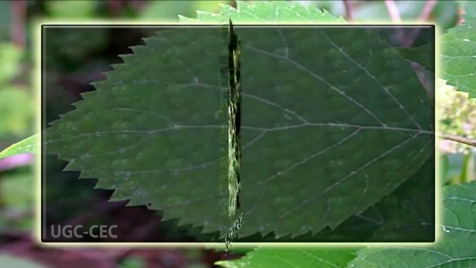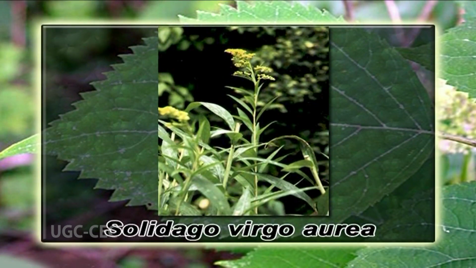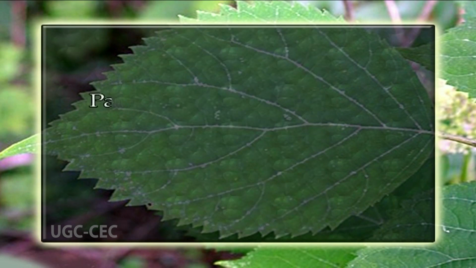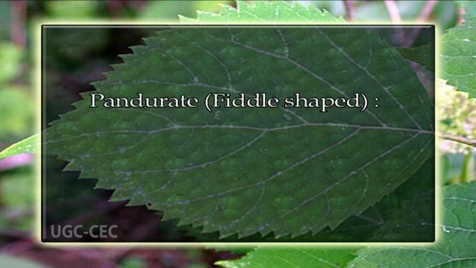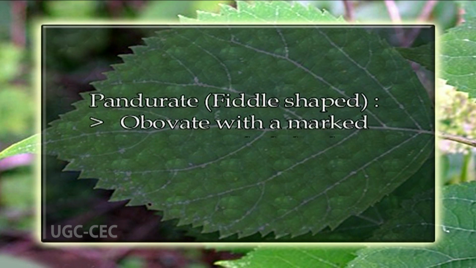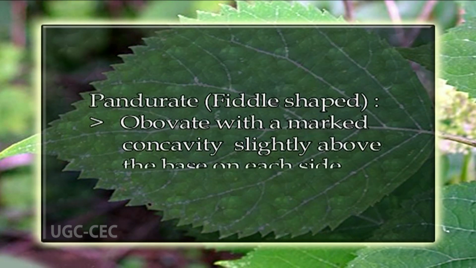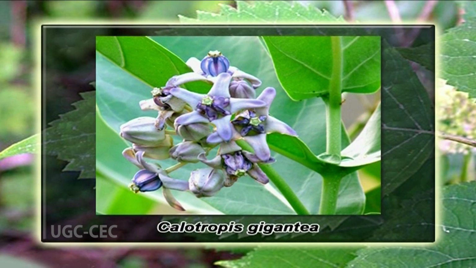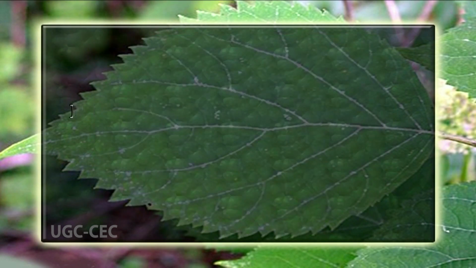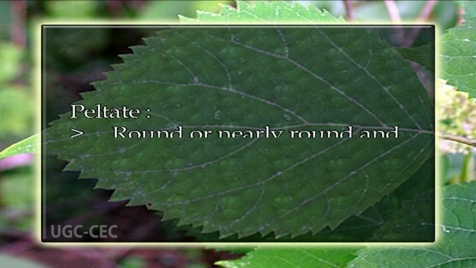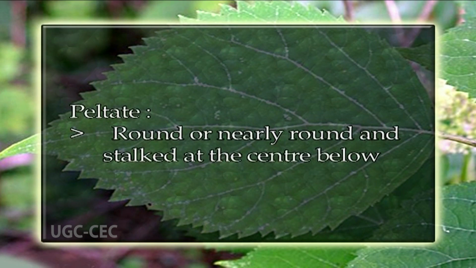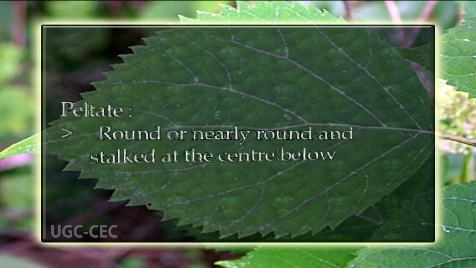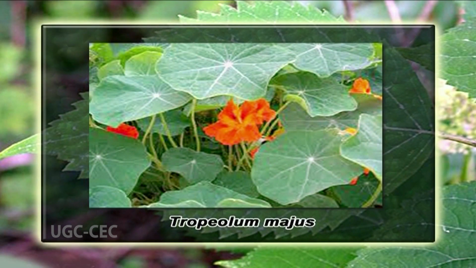For example, Solidago virgaurea. Pandurate, fiddle-shaped, obovate with a marked concavity slightly above the base on each side. For example, Calotropis gigantea. Then peltate, round or nearly round and stalked at the center below. For example, Tropaeolum majus.